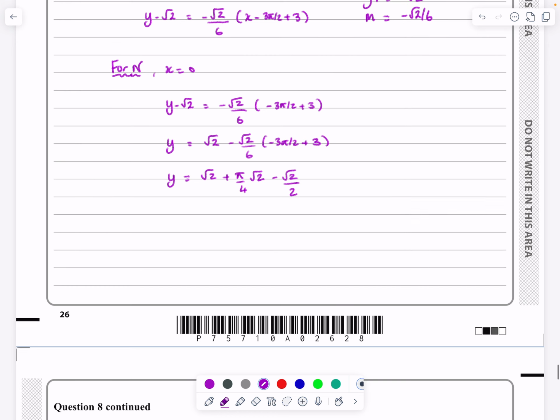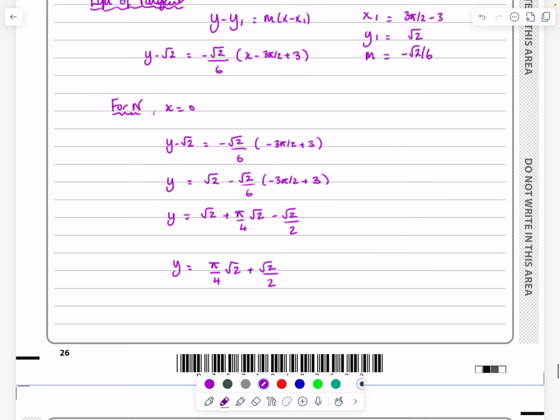Tidying that up, y is going to be equal to pi over 4 root 2, and then the other two can just combine to make plus root 2 over 2. Now we can tidy that up and factorise and do whatever.